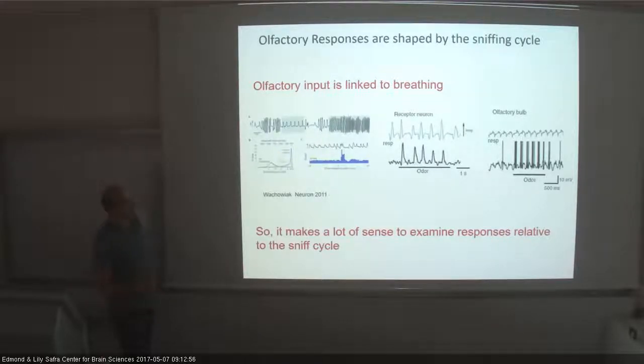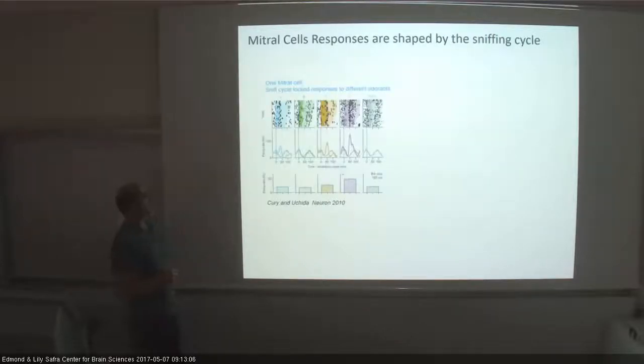Indeed, when you look at responses in the olfactory system, the brain probably always has to somehow compare them or consider them in light of the ongoing breathing cycle. And here's one example of how this really matters for representing information about stimuli. What you see here is the response of one neuron measured to 5 different odorants.